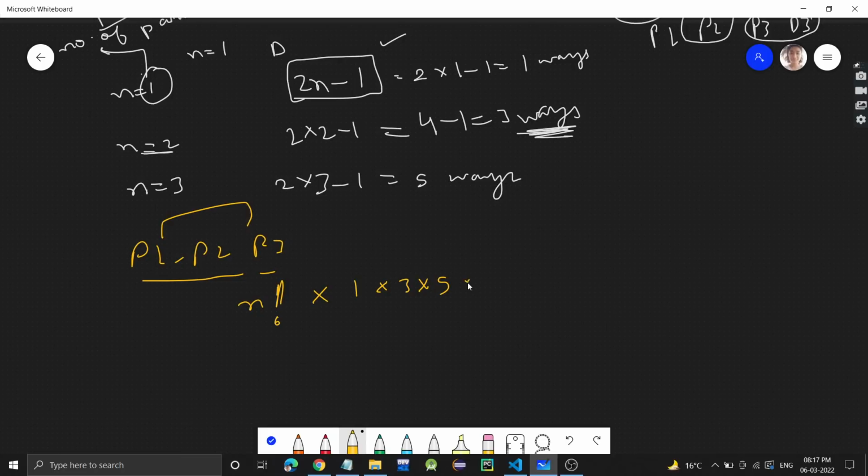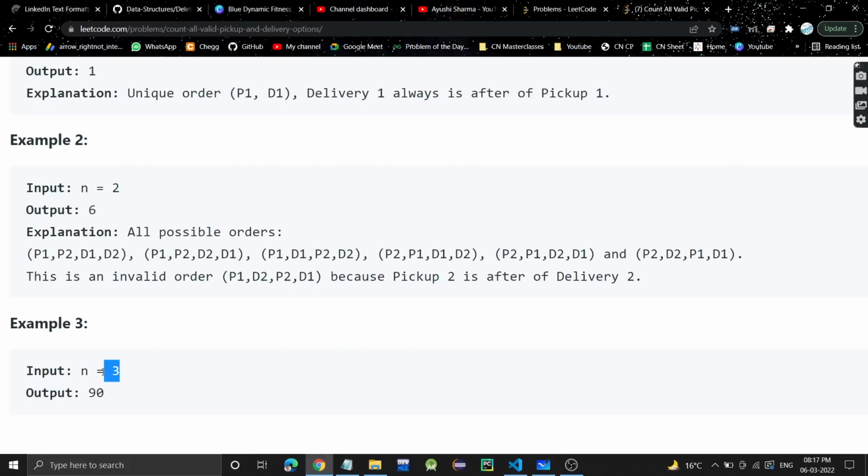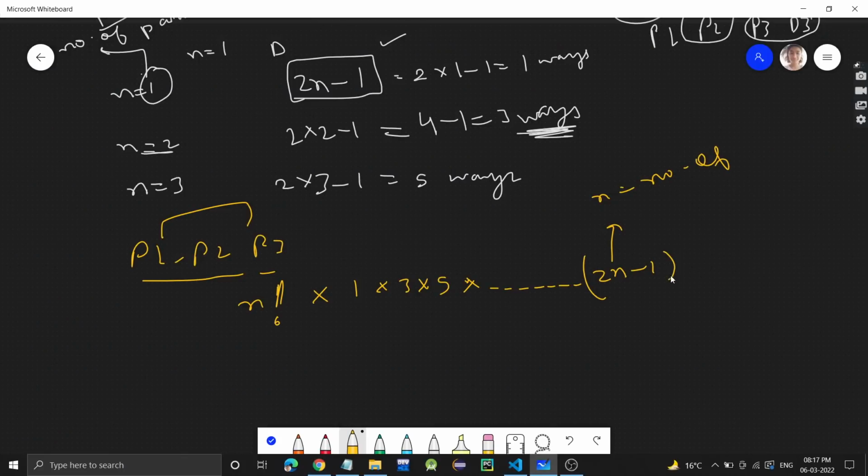And this could get up to 2 raised to power n minus 1, where n is the number of pairs. So here also n is pairs, that there are 3 pairs, 2 pairs, P1, D1, P2, D2. So 2n minus 1. So this will be the formula.